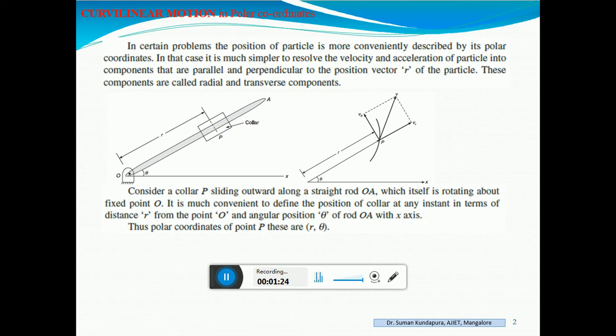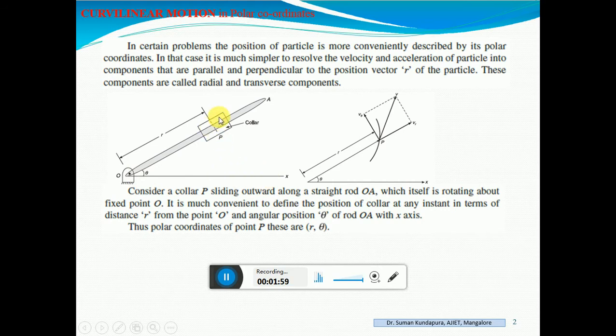This particle can be represented in the polar coordinates by means of r and theta. What is theta? Theta is the angle made by the rod. So, the angular position will be theta and the radial distance is r. The polar coordinates of the point P will be nothing but r comma theta. Theta is with respect to the horizontal axis.